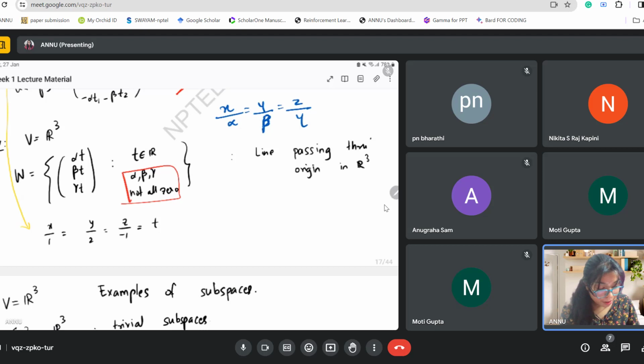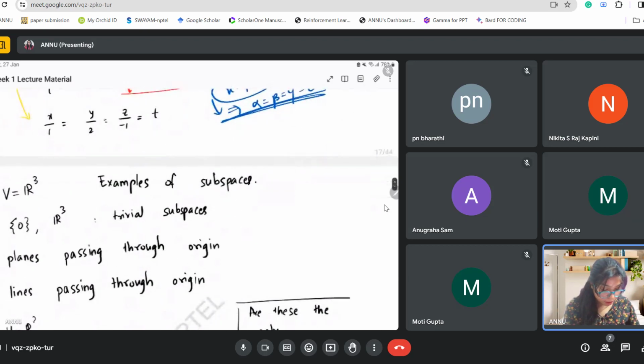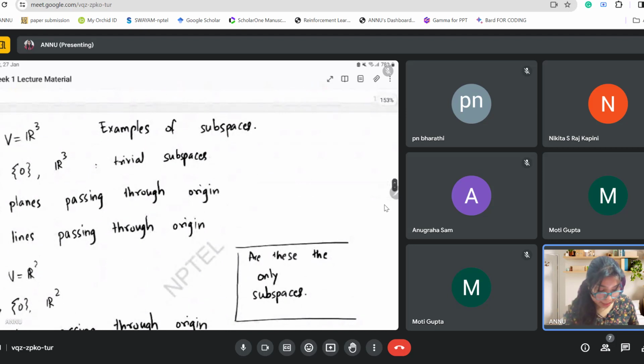So if all become zero, then it becomes indefinite. That's why we are not considering it. Anyway, x equals y equals z equals 0 exists. It doesn't mean that alpha equals beta equals gamma equals 0. It is not necessary. That's why.